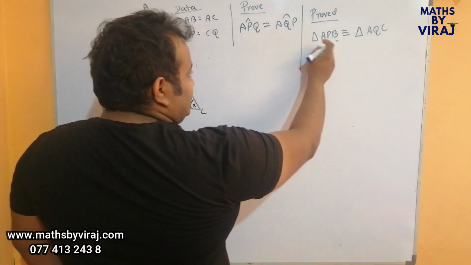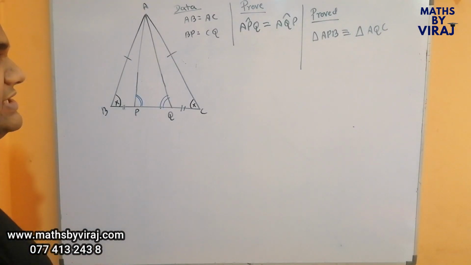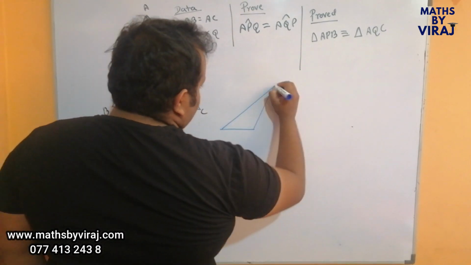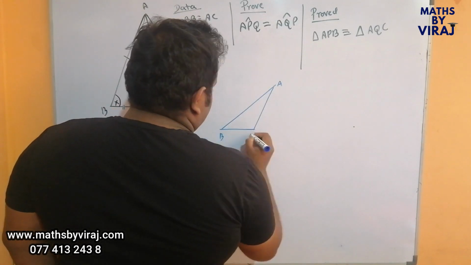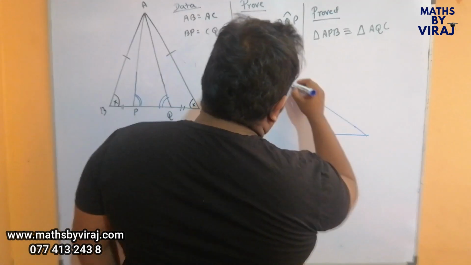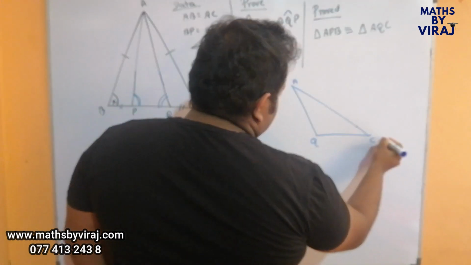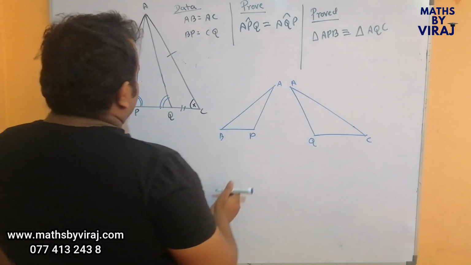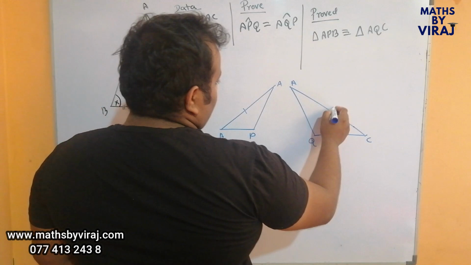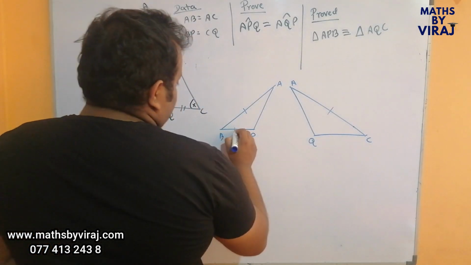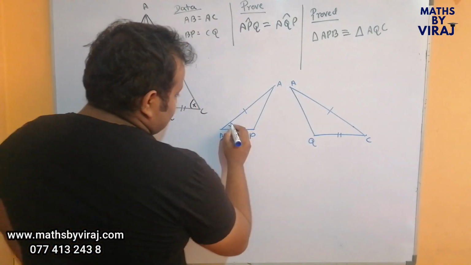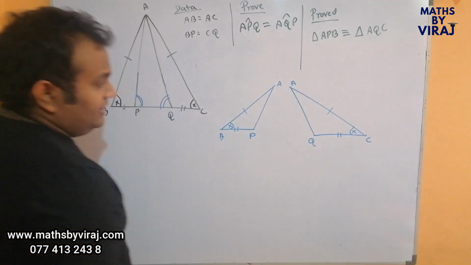We proved previously that triangle APB and triangle AQC are congruent triangles. So, if I consider the triangle ABP and triangle AQC, it is given to us from data that AB is equal to AC and BP is equal to QC, and we proved that these two angles are equal.